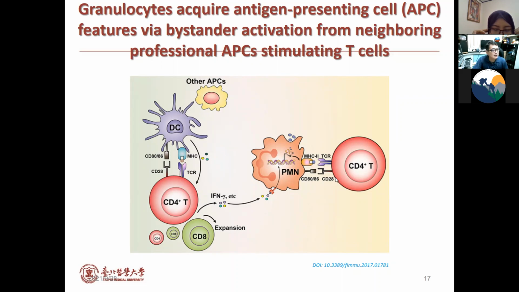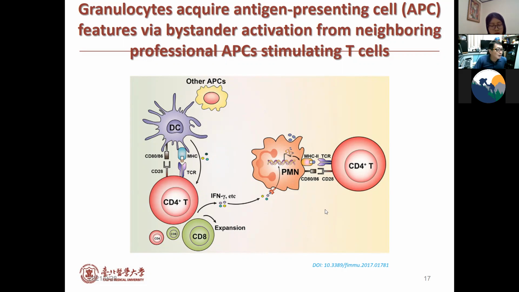And what happens? They go through another signaling, B7, CD28, something like that, and then kill them, or help them to release different stuff.